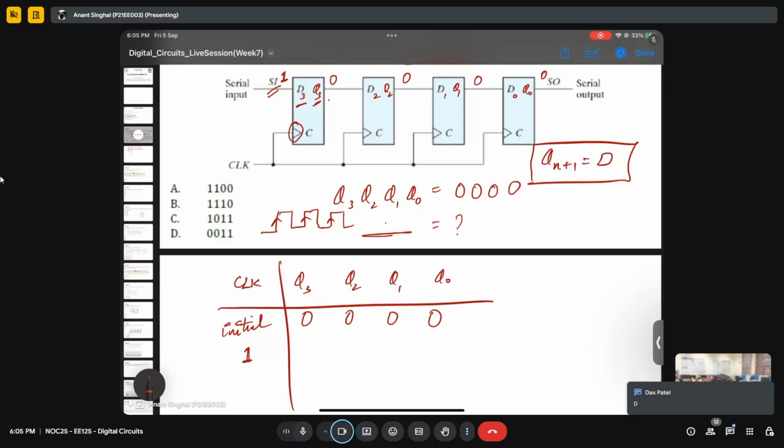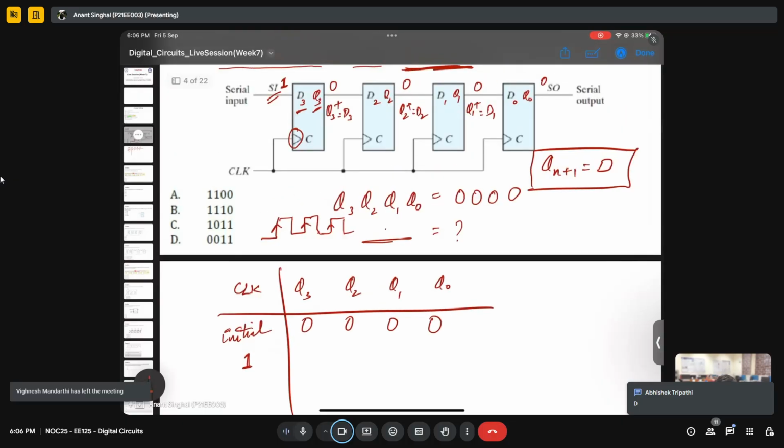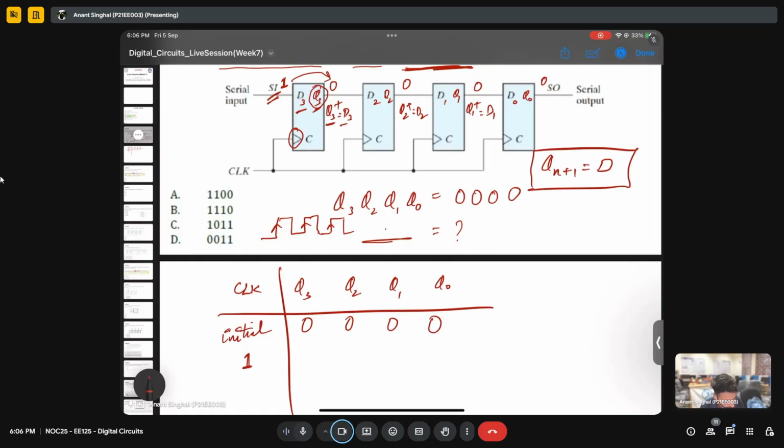Basically here Q3 plus will be D3, here Q2 plus will be D2, here Q1 plus will be D1, and so on. So when the first clock cycle is applied, because Q3 plus is D3, this 0 will shift here, this 0 will shift here, and this 0 will shift here.